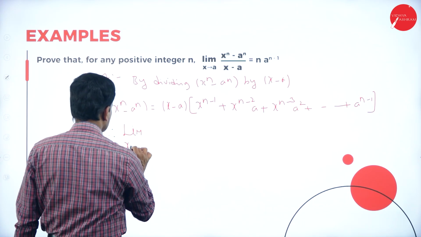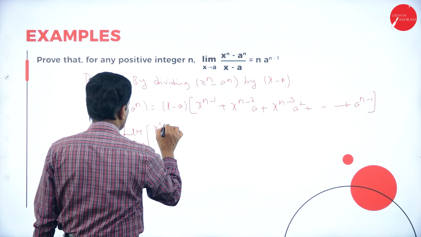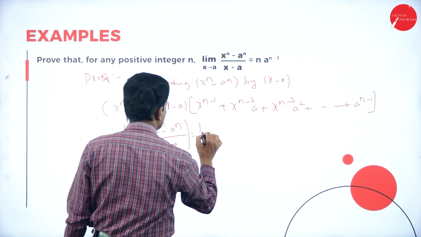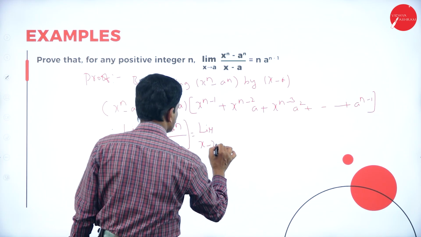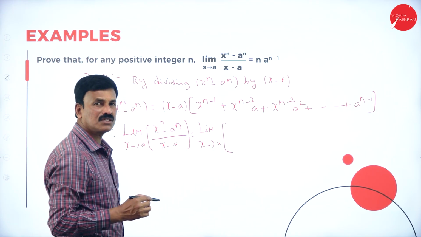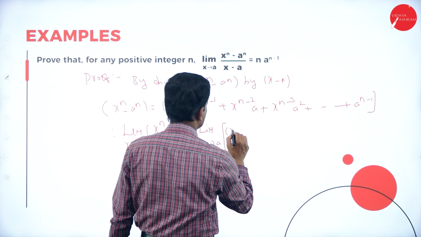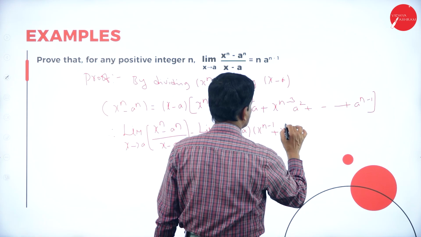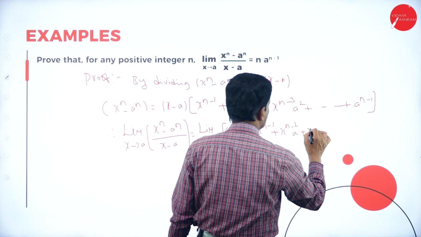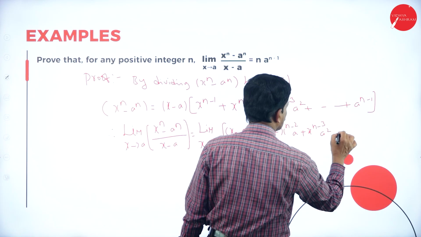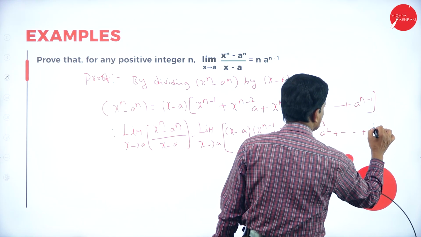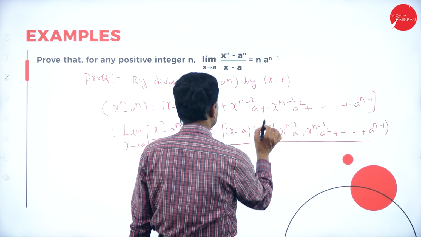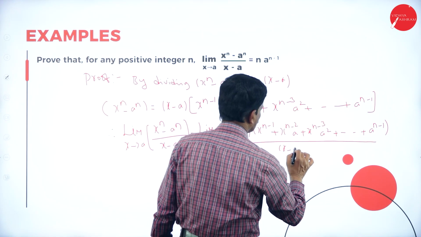limit x tends to a of x raised to n minus a raised to n divided by x minus a can be written as limit x tends to a of this numerator x raised to n minus a raised to n, which can be written as x minus a into x to the power of n minus 1 plus x to the power of n minus 2 into a plus x to the power of n minus 3 into a square plus etc. plus a to the power of n minus 1, whole divided by what we have in the denominator, x minus a.